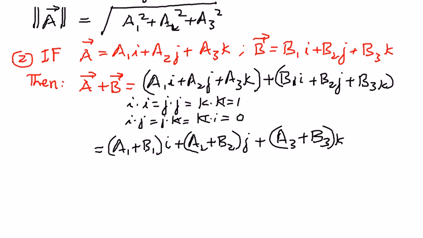This is what is called the addition property of these 2 vectors in R3 space.